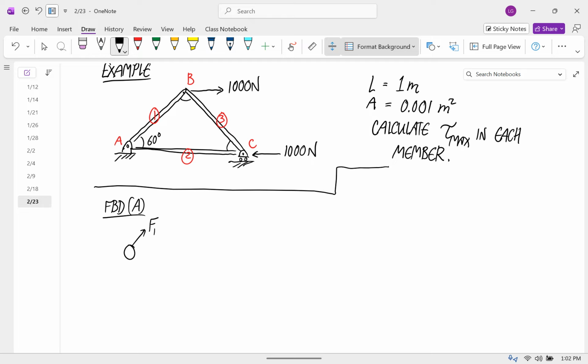So we have F1 like that, F2 like that, and then we have the unknown reaction force vector. I'll call that RA. That's the force that the ground applies to the pin.